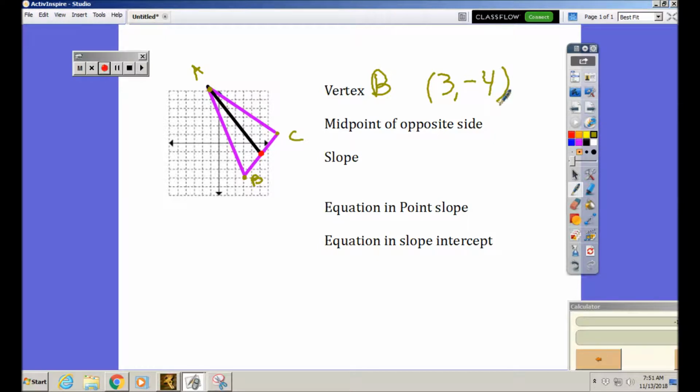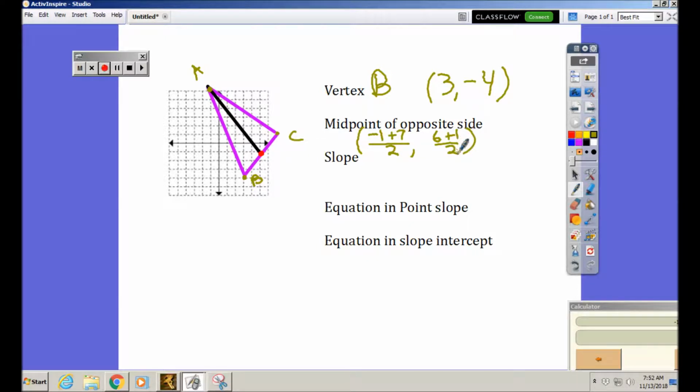To find the midpoint of the opposite side, negative 1 is the x value of A and 7 is the x value of C. And then for the y values, it's 6 plus 1.